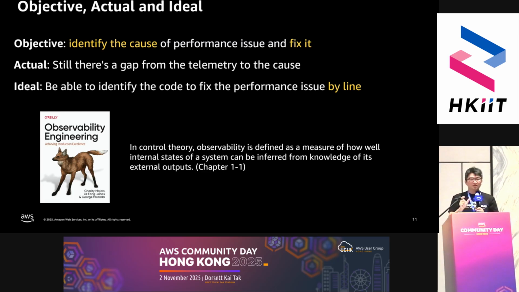But the current status is that there's still a gap from the telemetry to the cause, because what we get is that we have a latency problem, and we see some surge of CPU usage or memory usage, or some latency change throughout the distributed traces, or some logs saying this function is handling the request well, but we still don't find out the cause of the latency problem.